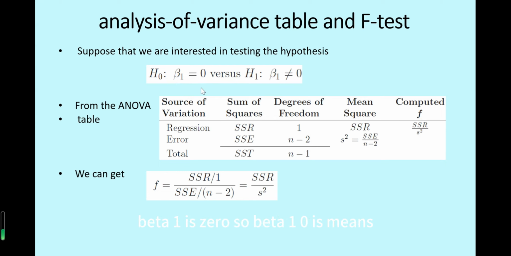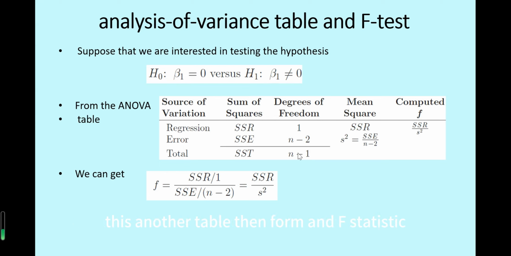Beta 1 being 0 means the model has no explanatory power: the x variable does not explain the dependent variable y. This is the null hypothesis, against the alternative hypothesis that beta 1 is not equal to 0.